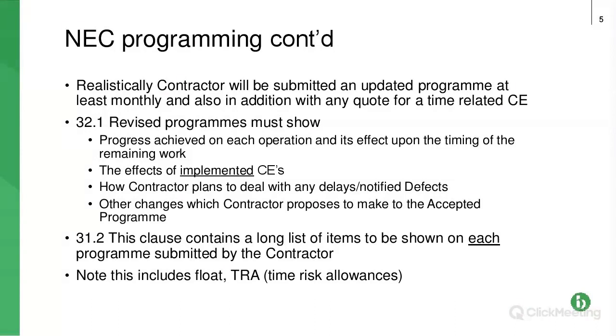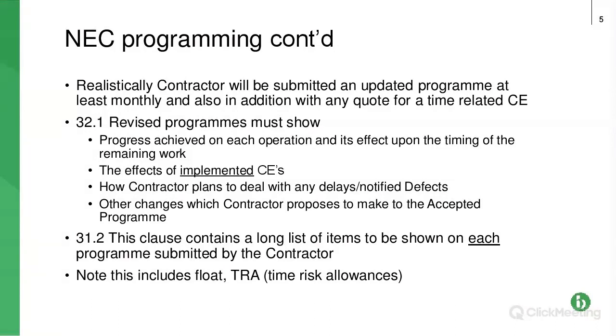It needs to show key dates. If you have key dates under your contract, what they are, when you anticipate completing in relation to those key dates. But all sorts of other information. So just be careful about that.